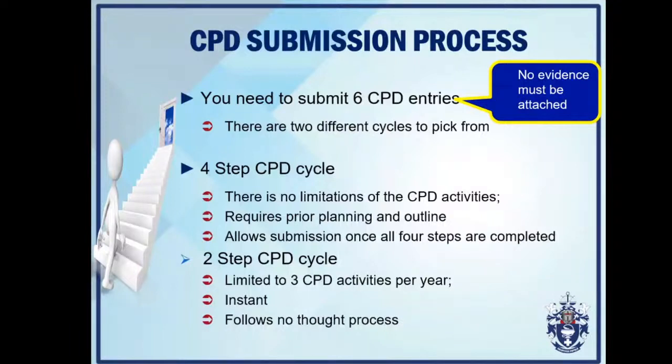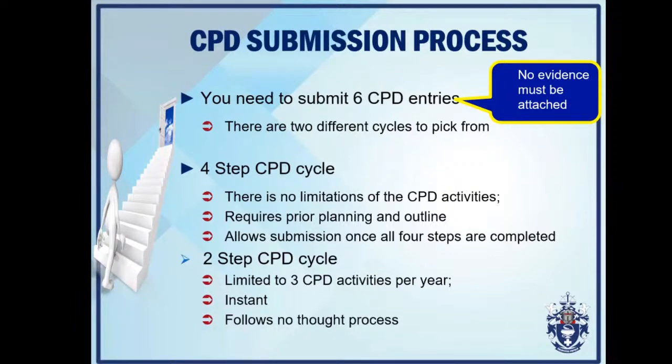And then we have the 2-step cycle, which is a shortcut, but this one is limited to only 3 CPD activities per year. The system will not allow you to enter any other CPD activities once you have entered 3 using the 2-step cycle. You can use the 4-step cycle after that, but you will not be allowed to enter more than 3 using the 2-step cycle.